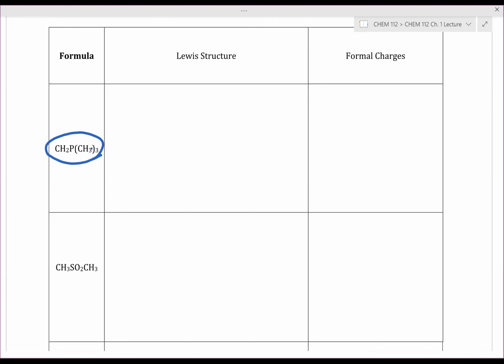Yep, a carbon with 2 hydrogens attached. Okay, and what is attached to that carbon? Phosphorus, okay? And following our formula, what is attached to our phosphorus? Yep, a carbon with 3 hydrogens. So we have a CH3 group.